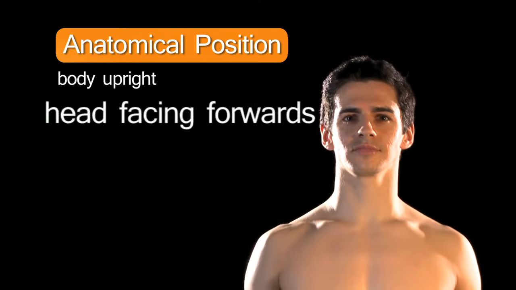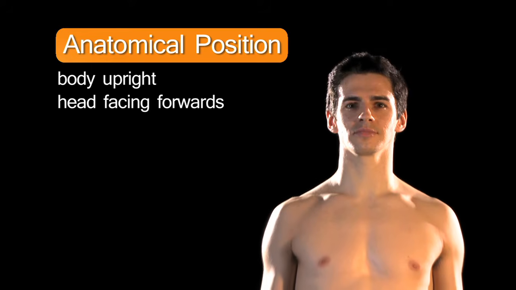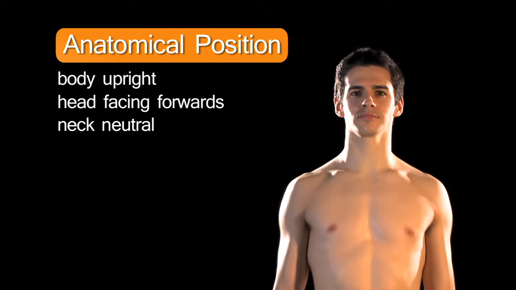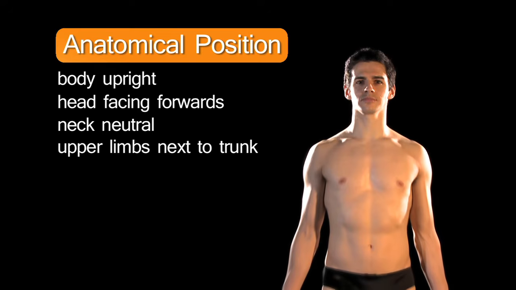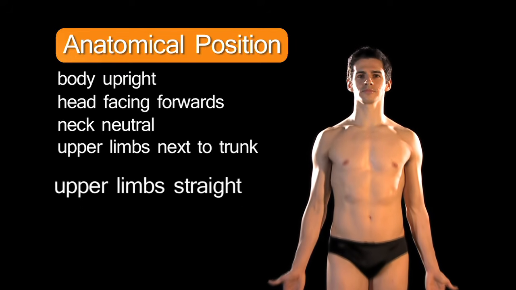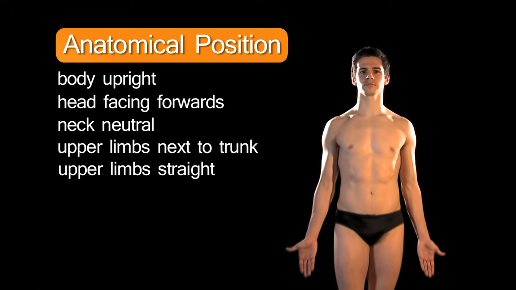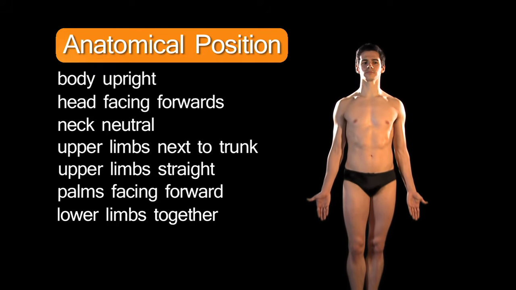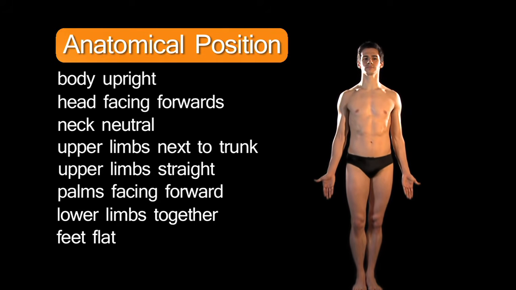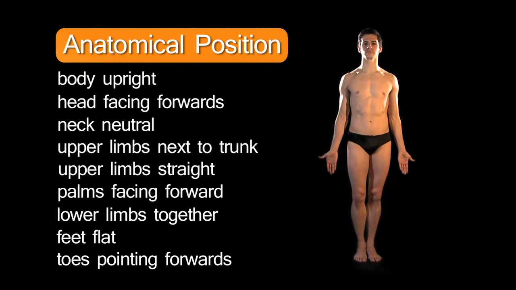In the anatomical position, the body is upright, head facing forwards, neck bent neither forwards nor backwards, upper limbs applied to the sides of the trunk, straight, palms facing forwards, lower limbs together, feet flat on the ground, and toes pointing forwards.